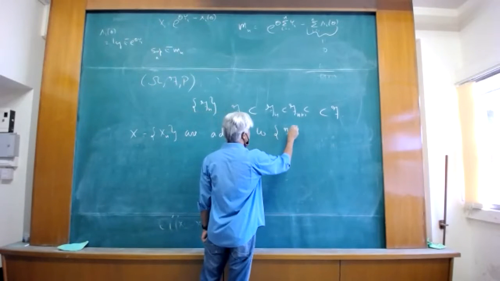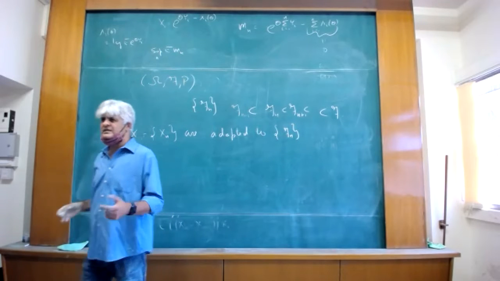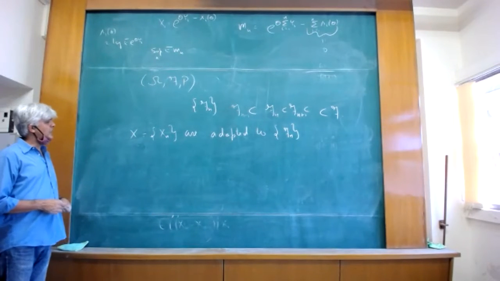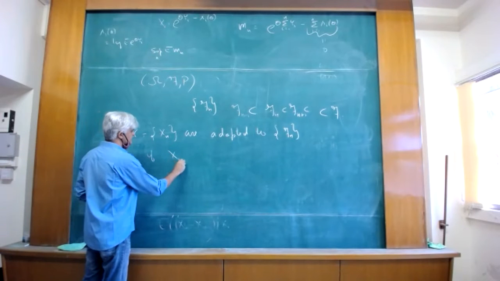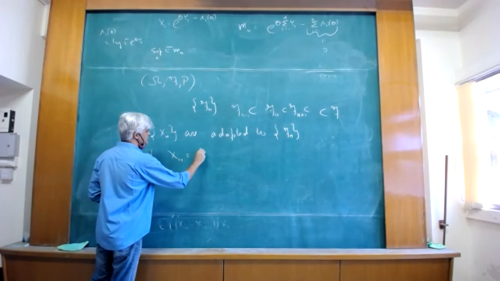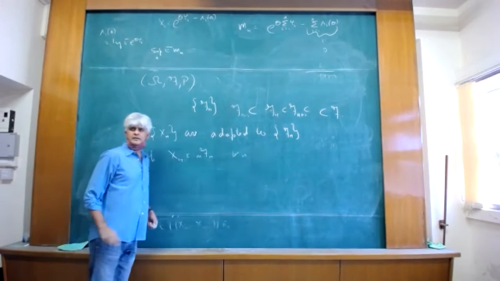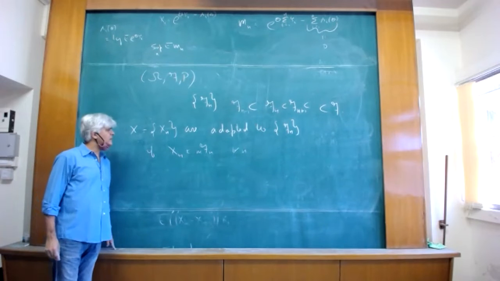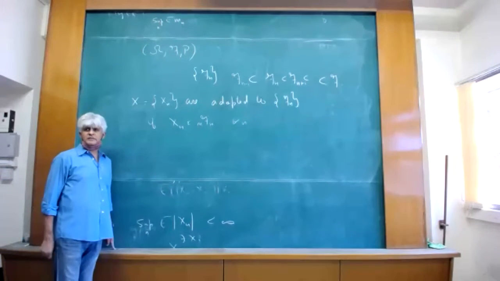The underlying assumption is that we're talking about the same probability space: everything is in (Omega, F, P), all the Fn are subsets of F, and all the random variables are defined on it. Xn is adapted to Fn if Xn is measurable with respect to Fn for all n. So we'll assume this. That's another definition that we have. Now we are ready to define martingales.